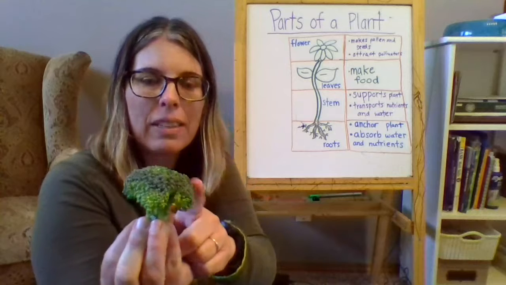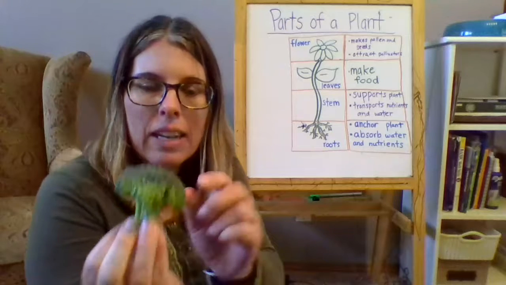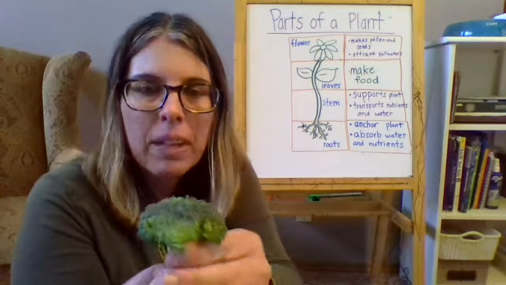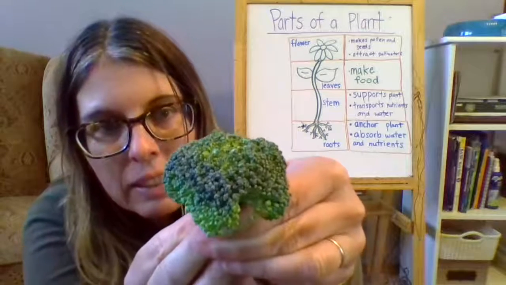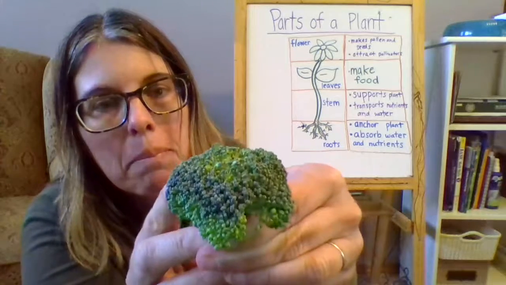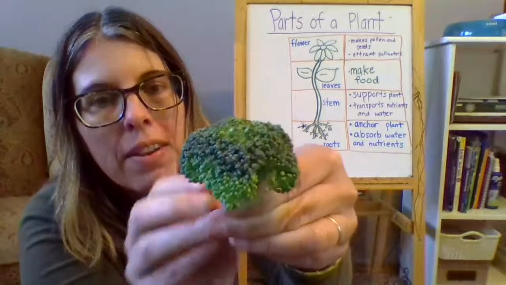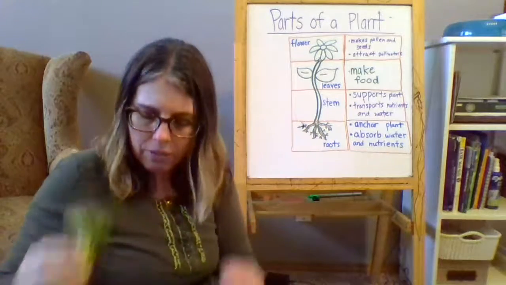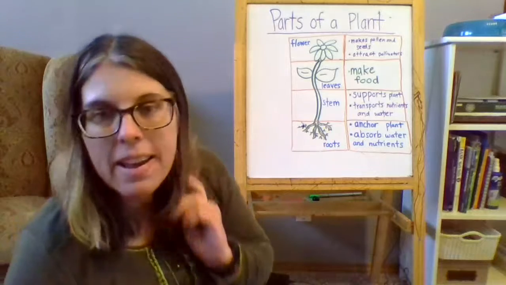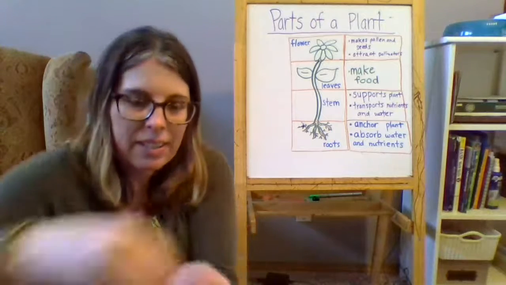This is what the flower looks like. Maybe you have broccoli at your house, but those are like the little teeny tiny buds, I guess you'd say, and then it'll kind of bloom into these flowers. So the flower.